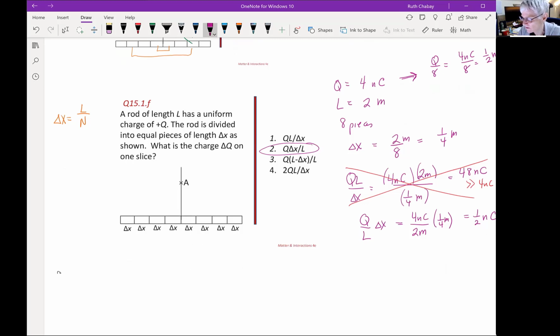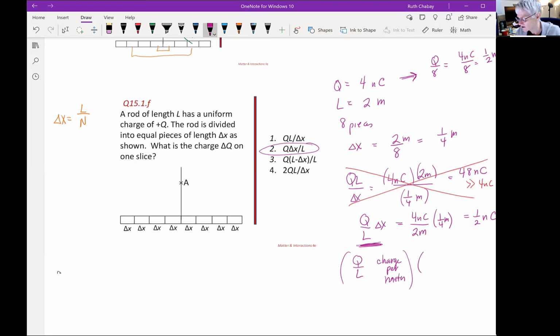And so there are 2 ways to think about this expression, which is important and will keep coming up again and again. One way is to think of Q over L as the charge per meter, the charge per unit length, which is 2 nanocoulombs per meter in that case.